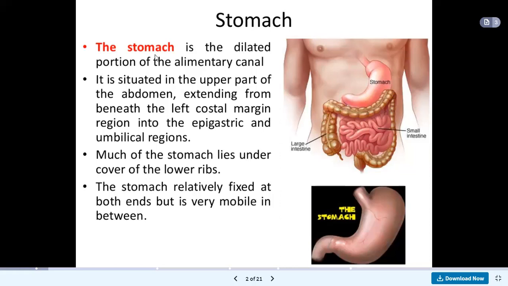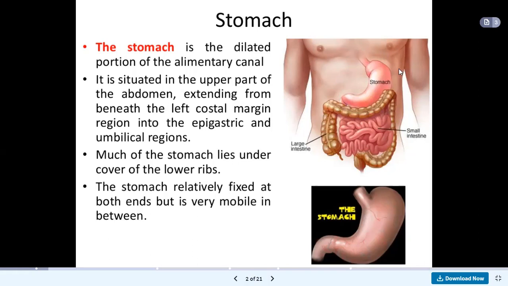So what is the stomach? The stomach is the dilated portion of the alimentary canal or the digestive system. It is situated in the upper part of the abdomen, extending from beneath the left costal margin region into the epigastric and umbilical region. Here we have the diaphragm that separates the thoracic cavity, or the chest region, from the abdominal cavity.